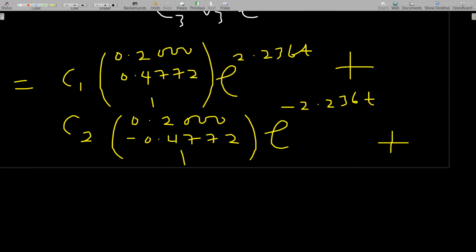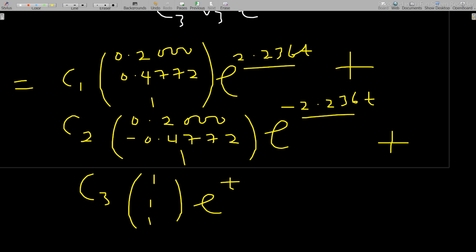Plus c3, 1 1 1, e to the 1t. So that is it. This is the general solution to what we had. So the eigenvalues are 2.236, negative 2.236, and 1, and the eigenvectors are these.